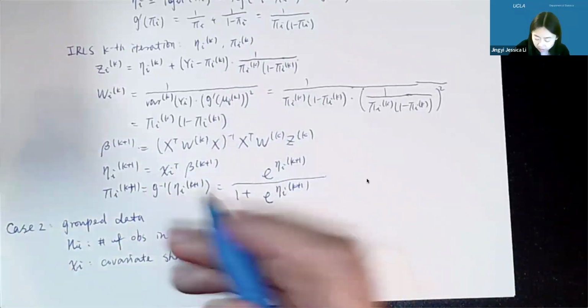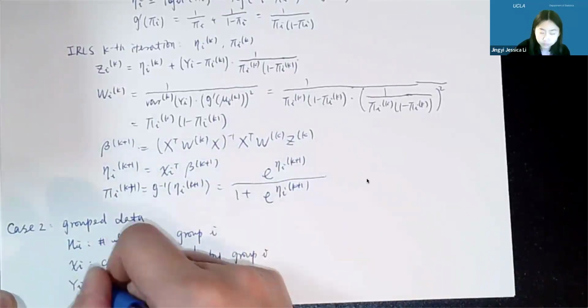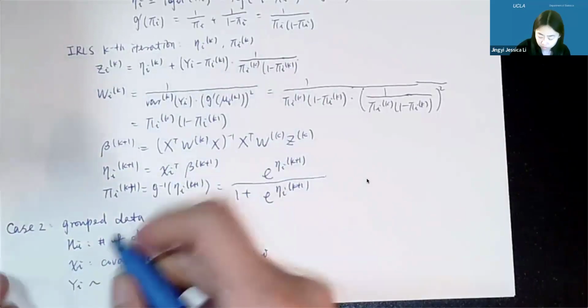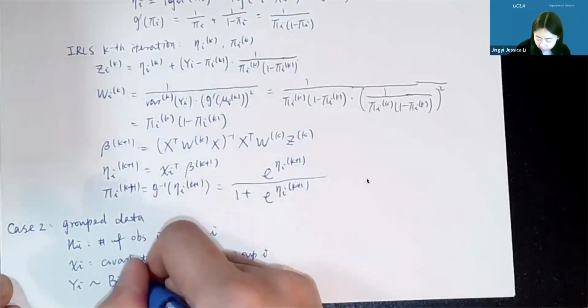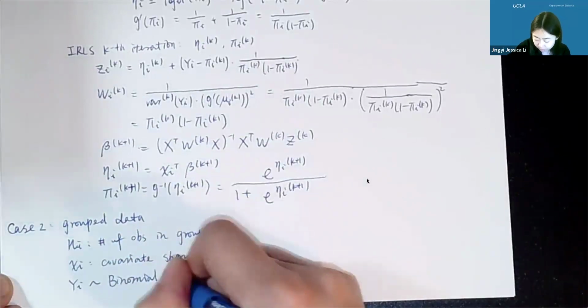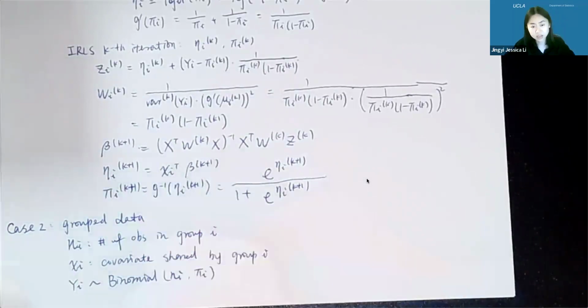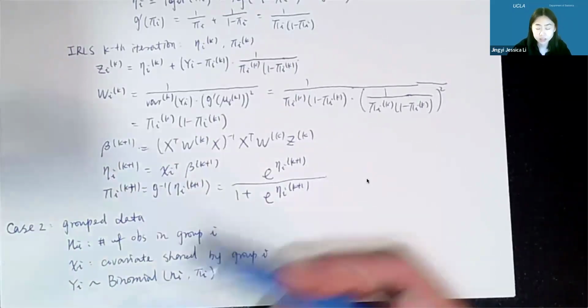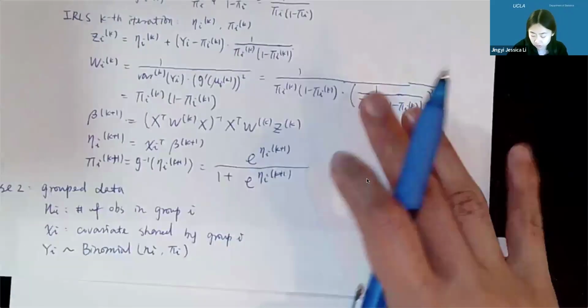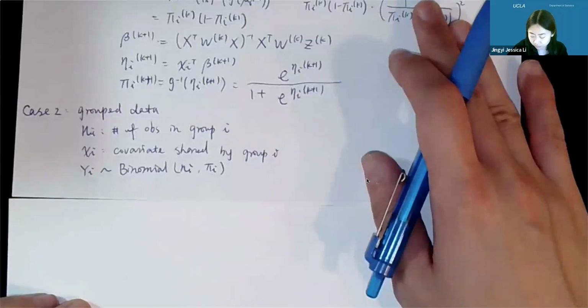So in this case, we have y_i follows binomial instead of Bernoulli. Binomial, total n_i, probability of success pi_i. So in this case, the mu_i, which is the expectation of y_i, would be equal to n_i times pi_i instead of just pi_i. So that's why for group data, we need to have this specific consideration.